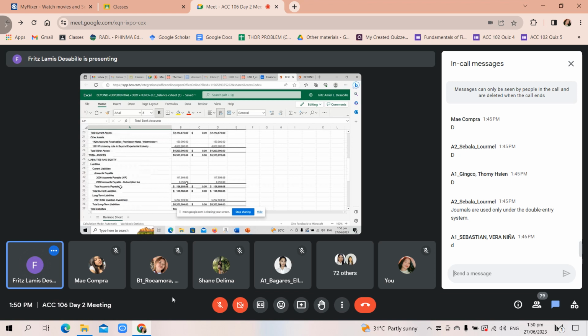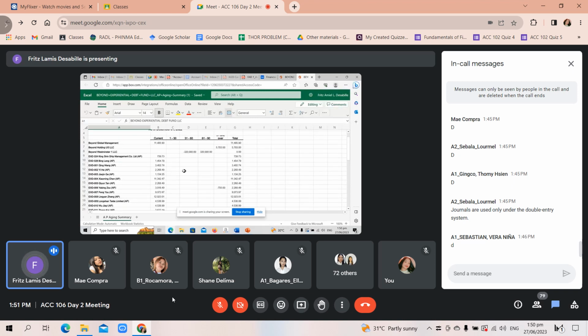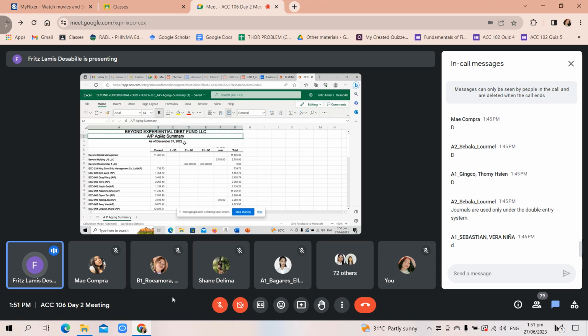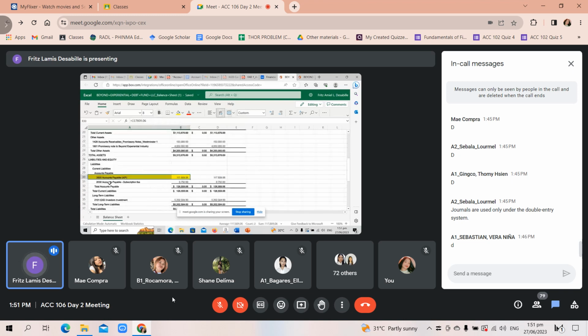So nara siya balance. So man siyang GL, niya ang SL, which is the subsidiary ledger, contains the details. So ang total nato sa tong AP, sa tong GL is 117,809. So masya tong GL. Niya, ang SL nato contains the details.